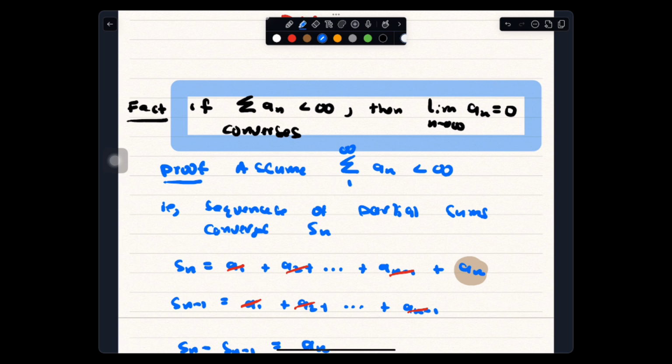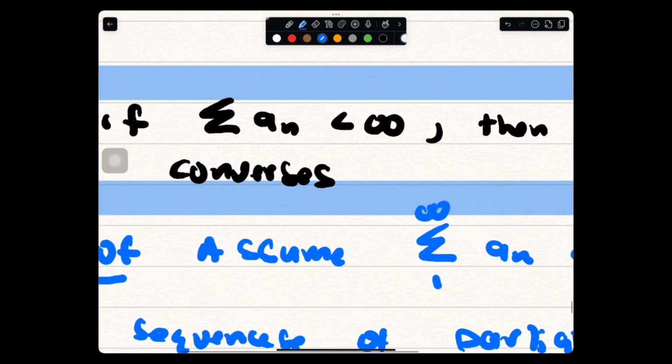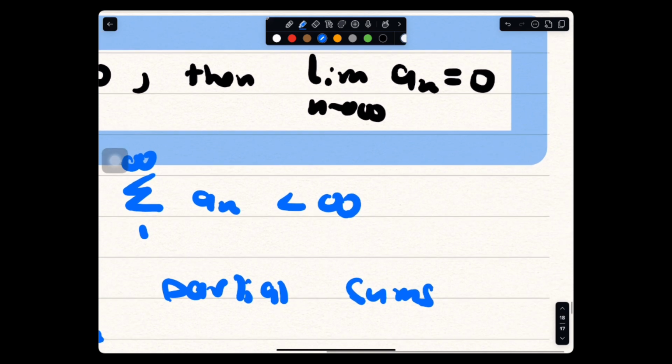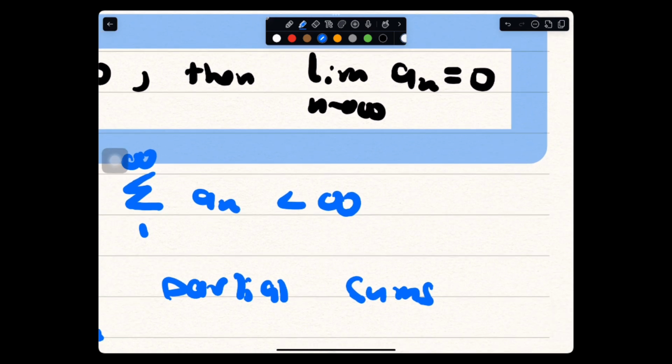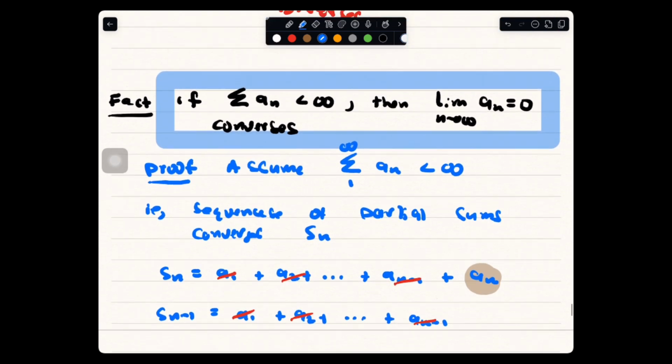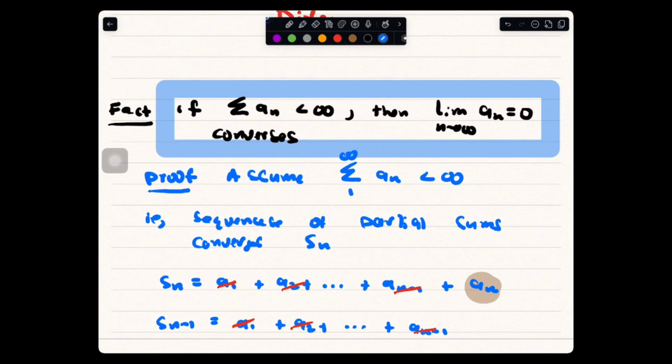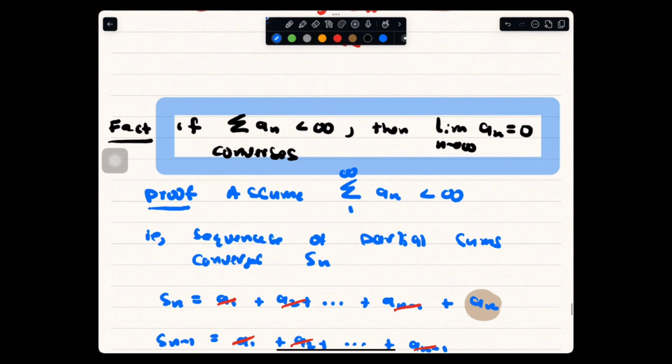That when you have convergence of a series, then the limit of an is 0. And it's kind of useless in some ways. So this conditional that we're looking at is really not a very useful piece of information in terms of the series.